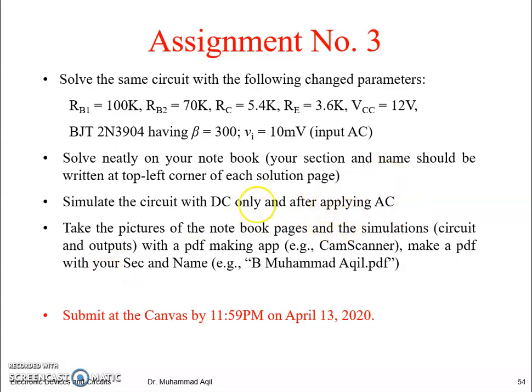To submit the assignment, similar to assignment number 2, install any PDF making application on your mobile phone, for example CamScanner. Take pictures of all the pages of the notebook in which you have solved this example, having your name at the top left corner, and the pictures of the simulation circuit and outputs. Make a PDF of it, and the name of the PDF should also be your section and name, for example B space Muhammad Aqil.pdf.